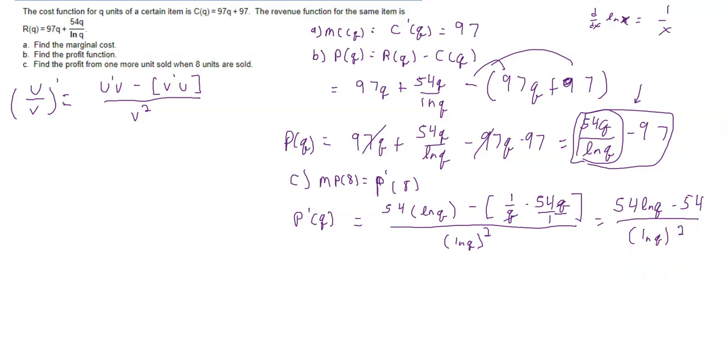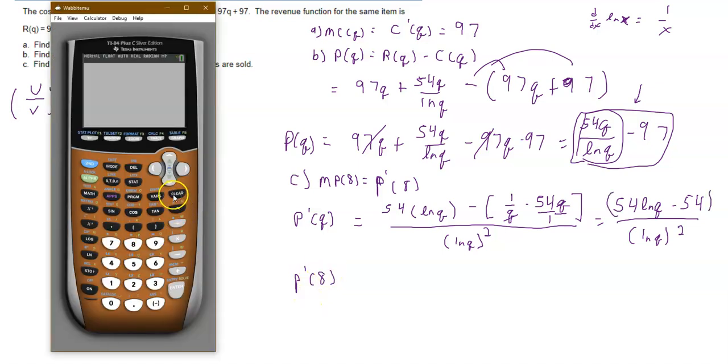So now I just need to find the answer that they're asking for in part C there. What we want to do is evaluate P prime of 8. Okay, so I'm going to type this in line, and because of order of operations, I want to put the parentheses so that when I hit divide on the calculator and it makes the slash, it does the subtraction first, then the division.